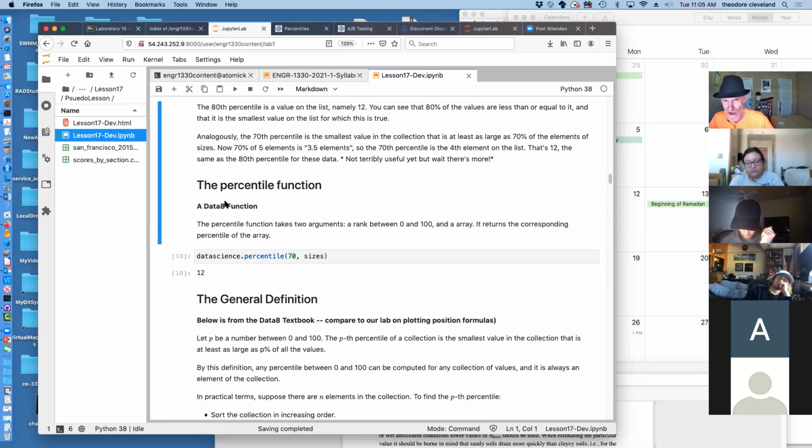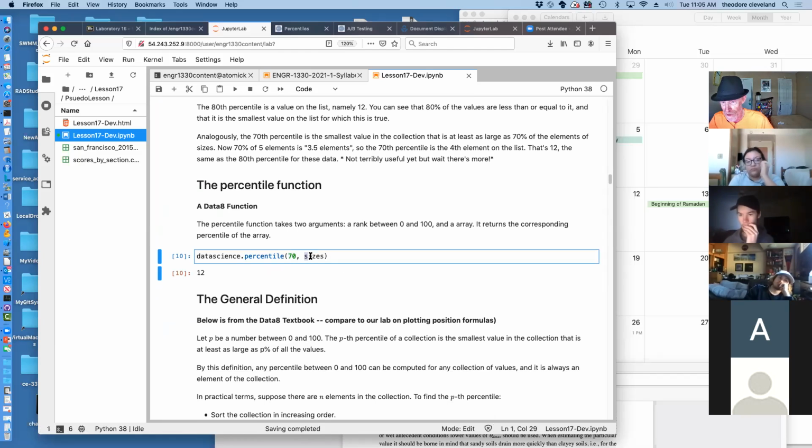So in the Data 8 or the data science subsystem, they have a function called percentile. To use the function, you tell it the percentile you want it to find, and you give it the list of the things to find it in. And it returns a 12. If we go to 80, it also returns a 12.